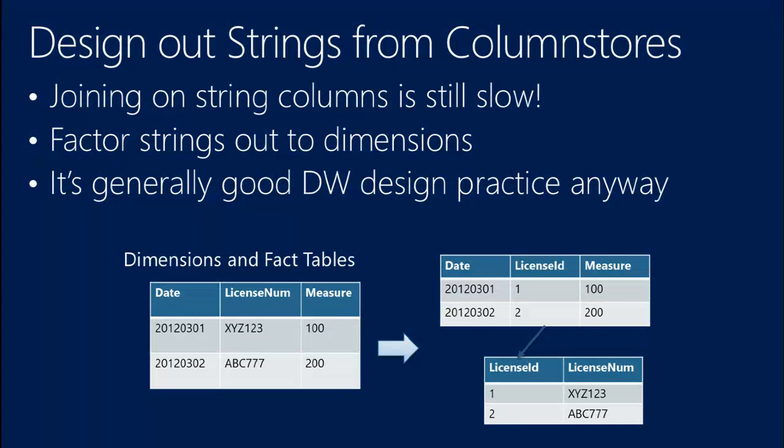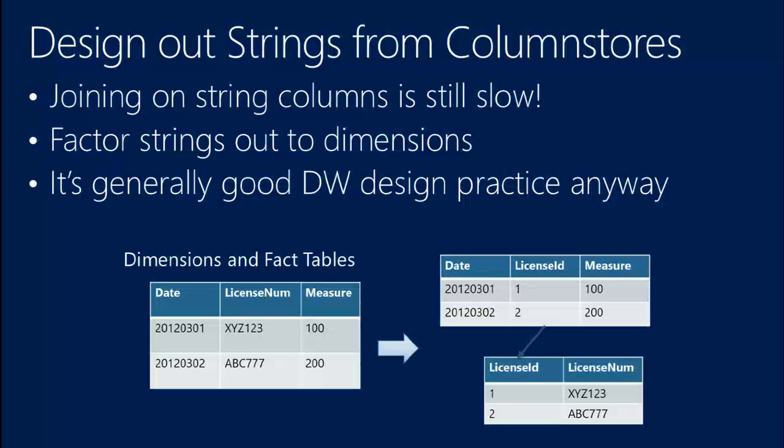All right, one of the things that we don't support is strings in columnstores. Or rather, we don't support some forms of strings, and even on the ones that we do support, it's really slow. So one of the things that we do recommend is that you factor the strings out to dimensions. That's just taking a fact table that has some strings in it, like you see there on the left, creating a key for it and pushing that data out into a dimension table.